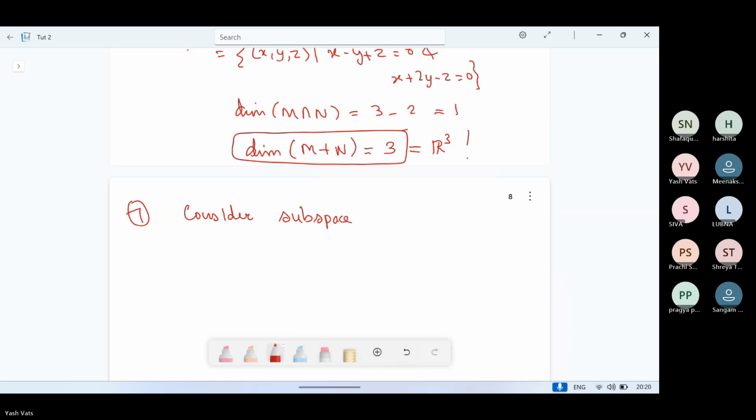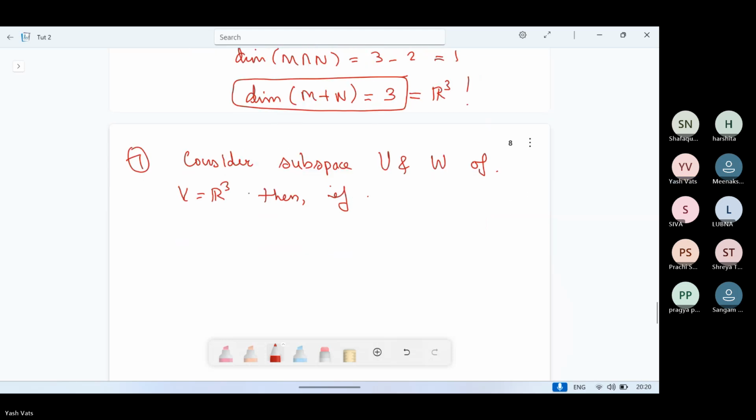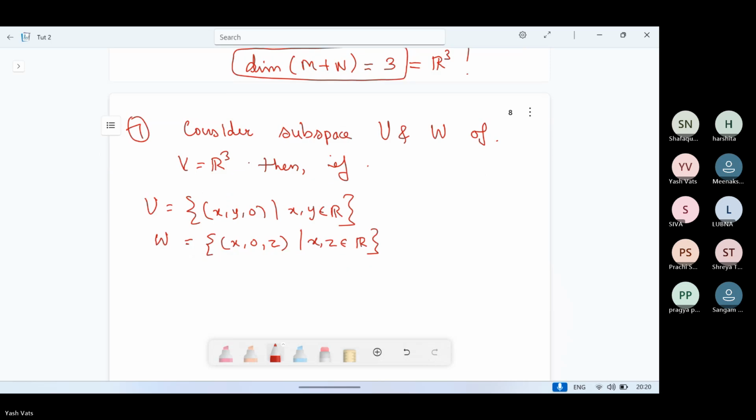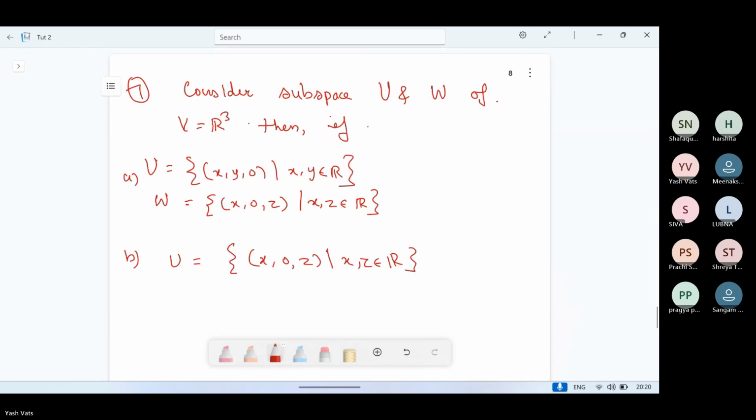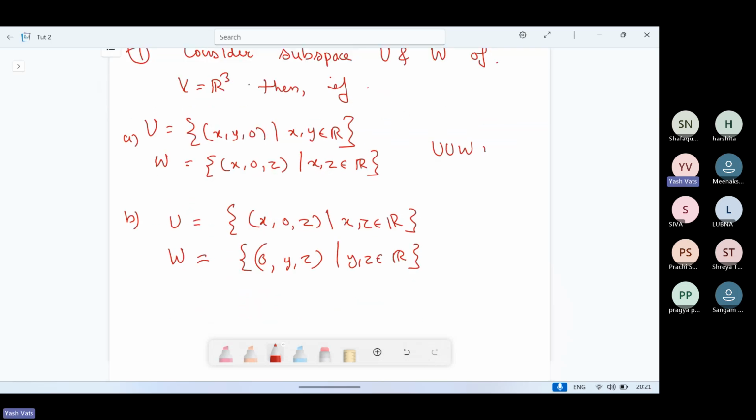Subspaces U and W of V equal to R3, then U union W, if (a) U is the set of (x, y, 0) such that x, y are in R, and W is the set of (x, 0, z) such that x, z are in R; (b) U is the set of (x, 0, z), x, z in R, and W is the set of (0, y, z), y, z in R. In which of the following cases is U union W a subspace?